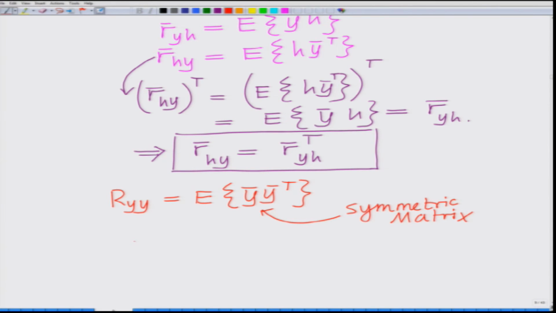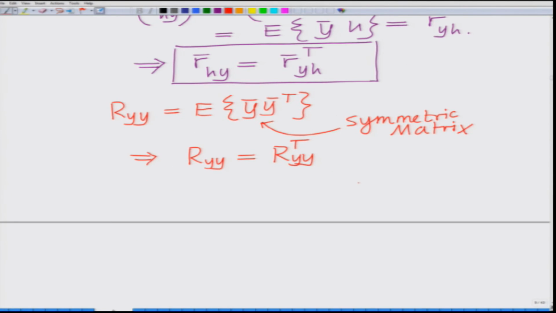Implies RYY equals RYY transpose, since it is symmetric, and also naturally if the matrix is symmetric, its inverse is also symmetric.